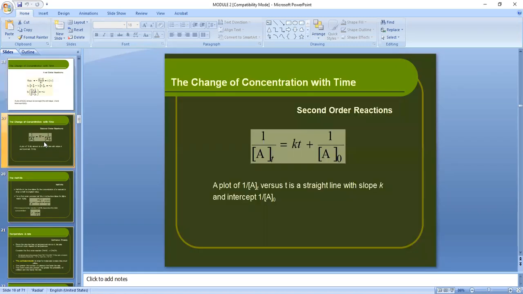Okay. Now, what about for second order reaction? The second order reaction that is being referred to in here is this one.